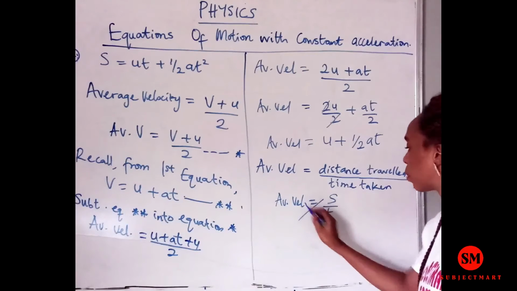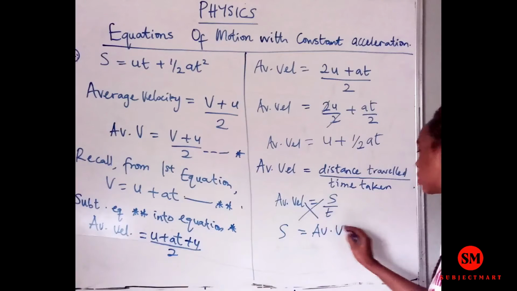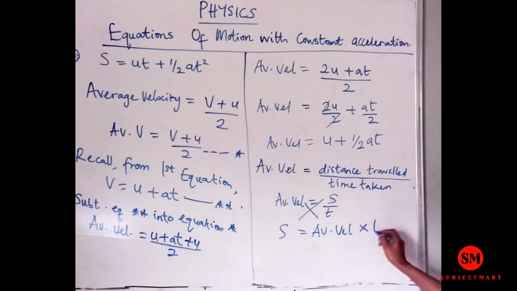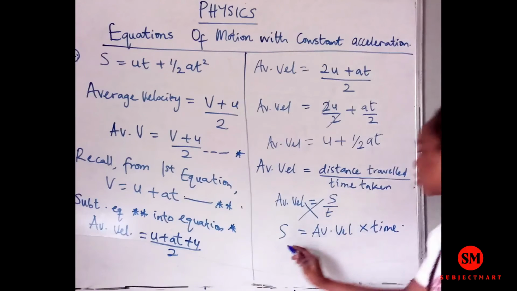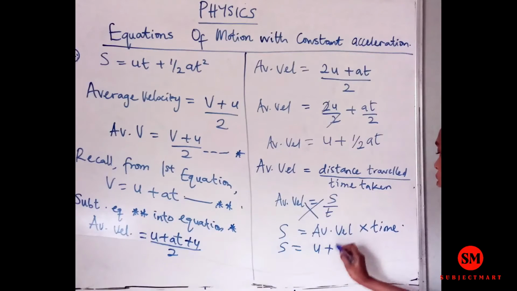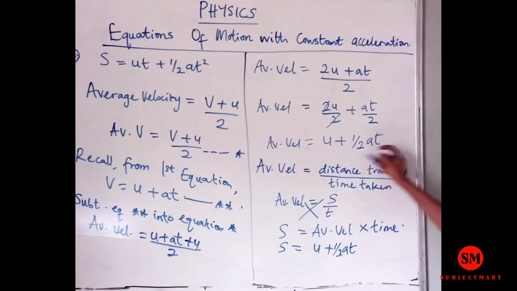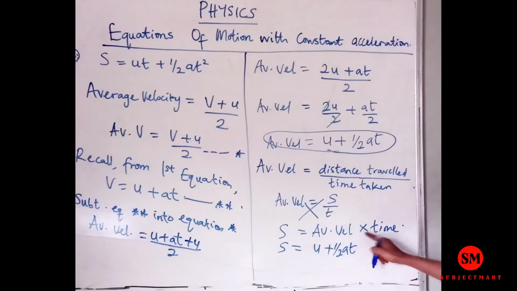So if we cross multiply, our distance is equal to average velocity times time. So now we substitute the value of our average velocity into this equation. So we have s equals u plus half at, which is our average velocity here, times time.